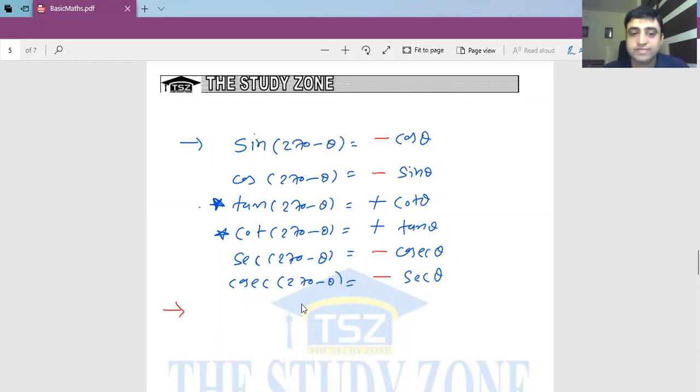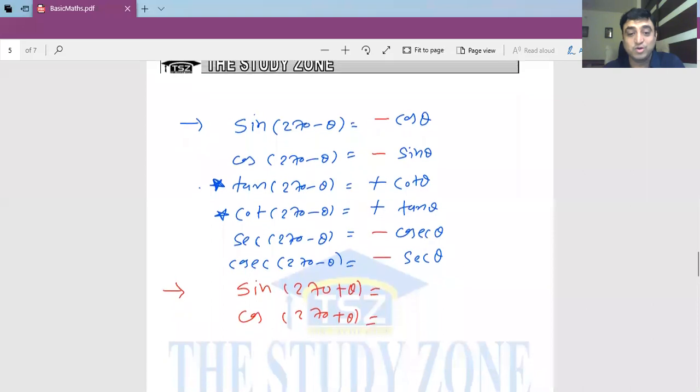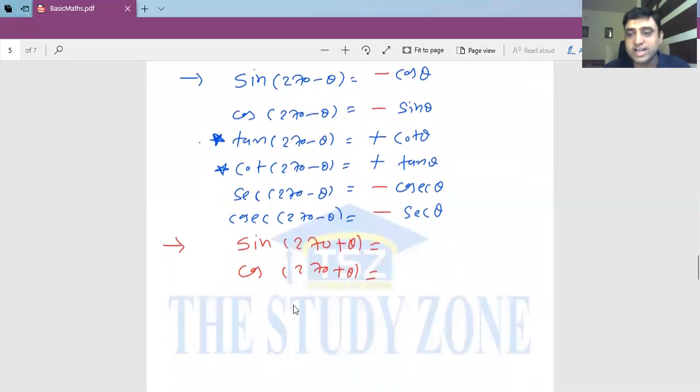So let me write the next 6 formulas. You can even write cos 270 plus theta. I'll explain application also. Wait, within a few lectures, you will be very comfortable.